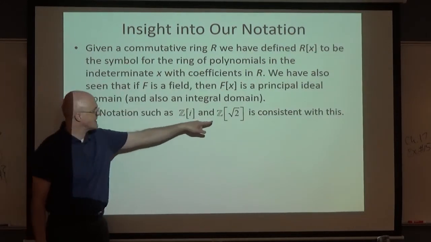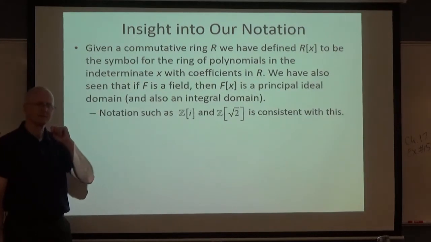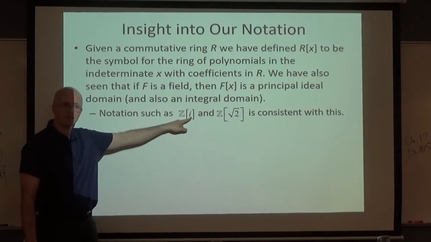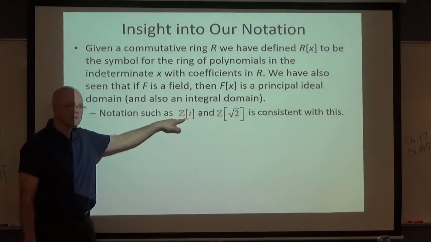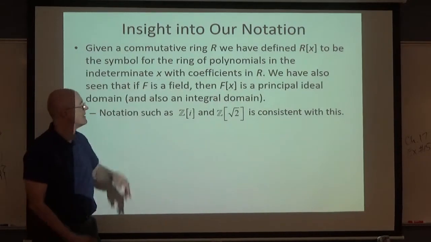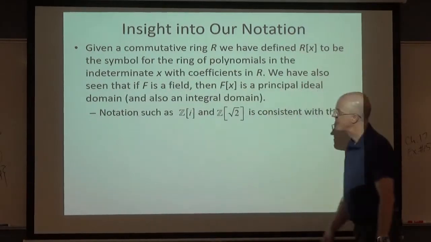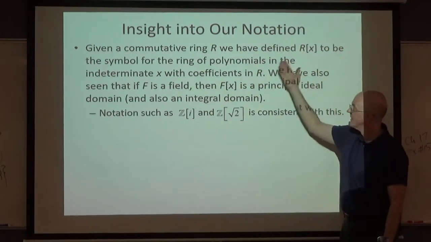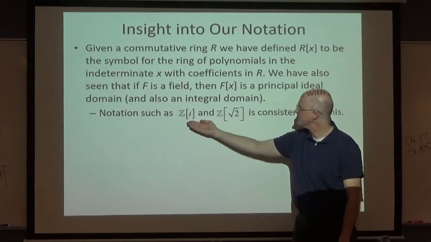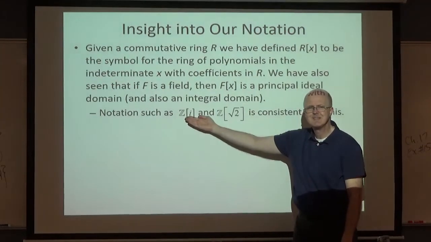Notation such as this is actually consistent with this. What's that? That's the Gaussian integers, right? i is the imaginary unit here. This notation is consistent with the polynomial ring notation, which is a ring of polynomials with coefficients in R. Is this a ring of polynomials with coefficients in Z?